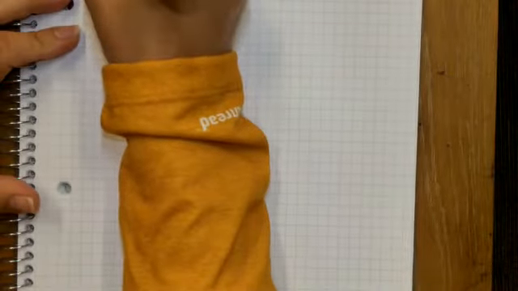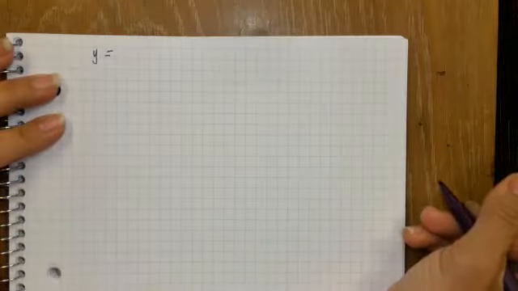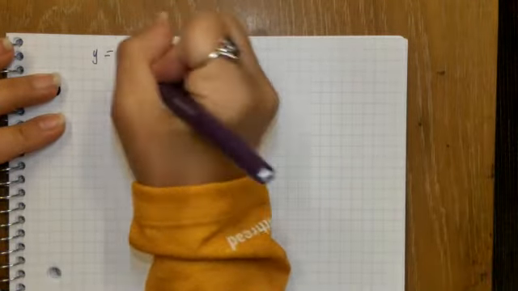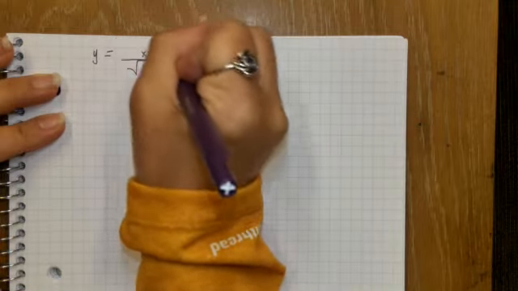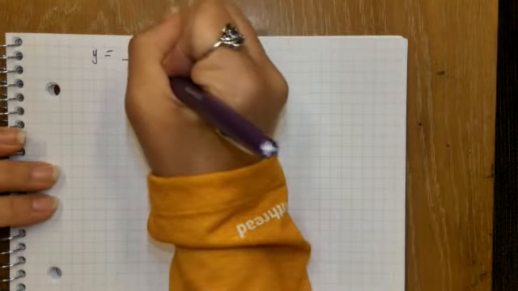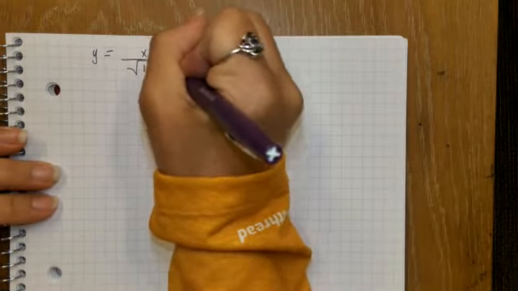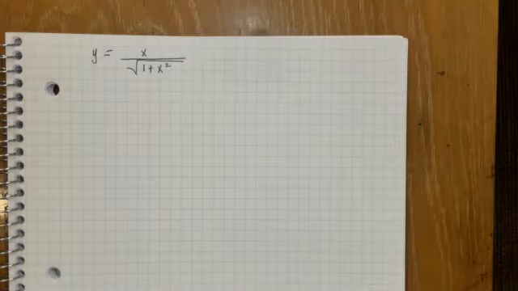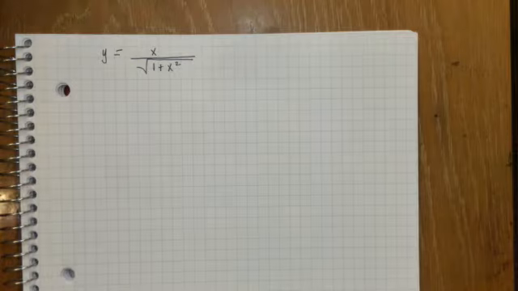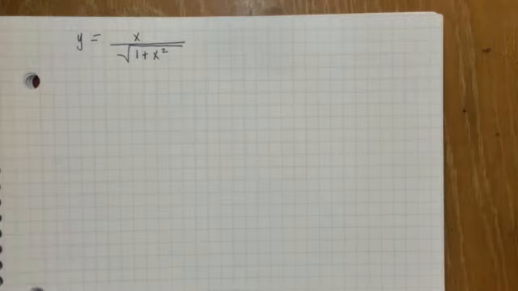Okay, let's look at y equals x over the square root of 1 plus x squared. I find that I make a lot more mistakes when I use the quotient rule.